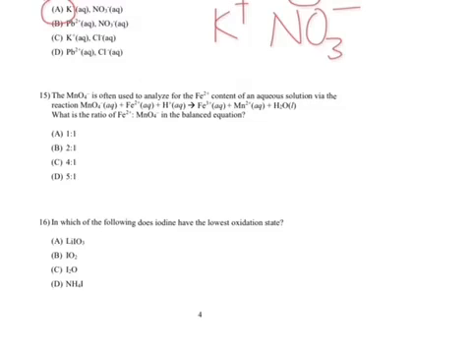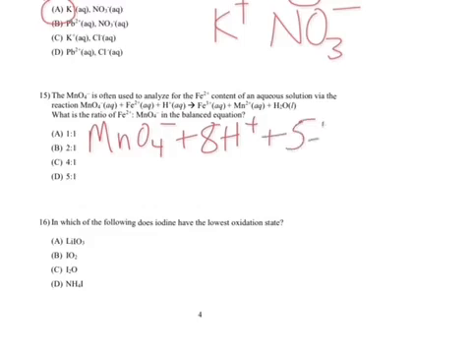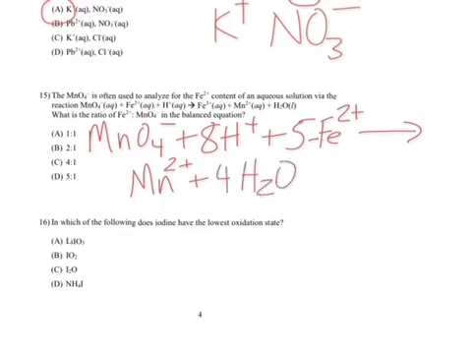When we balance this reaction, we get MnO4- plus 8 hydronium ions plus 5 ferrous ions react to form the manganese ion Mn2+ plus 4 waters plus 5 Fe3+.